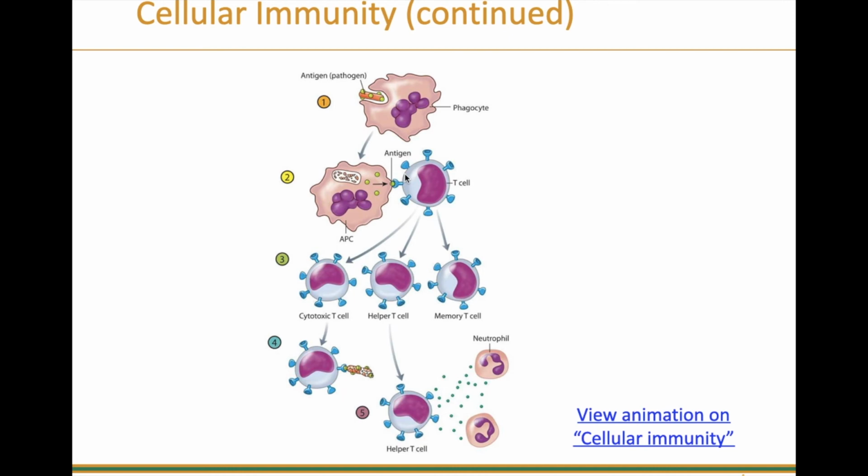Some of these become the cytotoxic T cells, some become the helper T cells, and some become the memory T cells. The cytotoxic T cells are going to actually go around and find this bacteria and destroy it. And the helper T cells support this attack. One thing they do is secrete what's called interleukin, which will attract more neutrophils to the area. And it also stimulates the production of T and B cells.